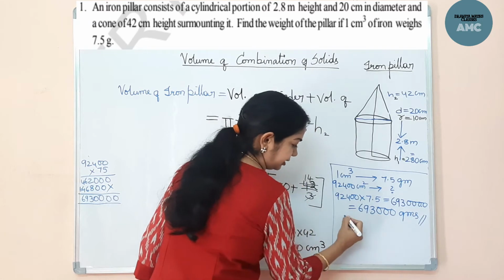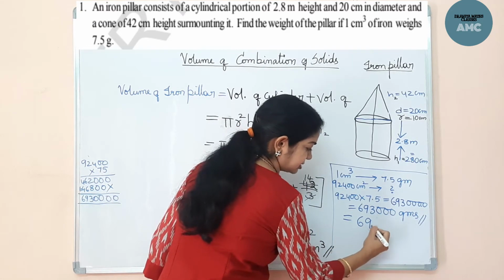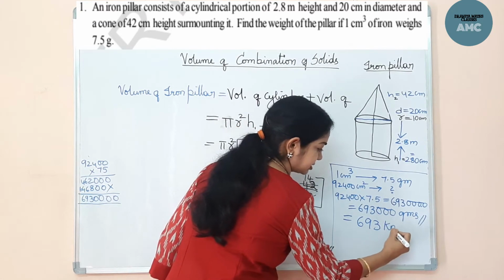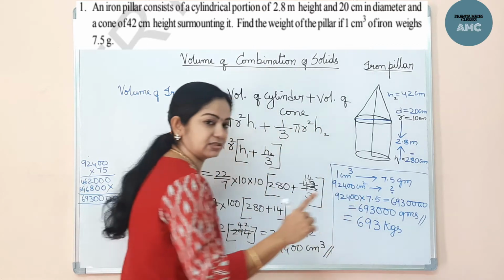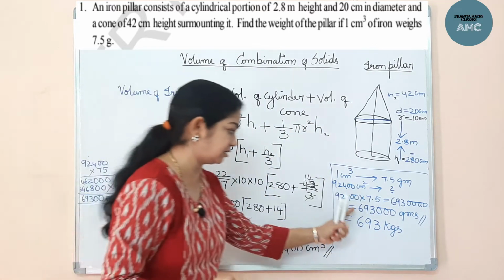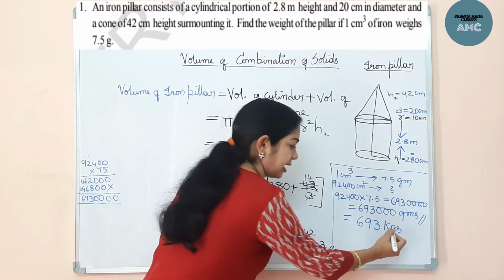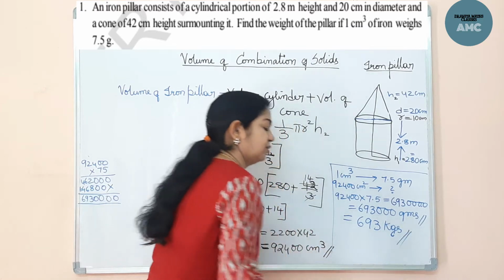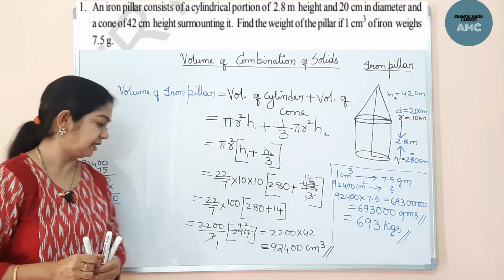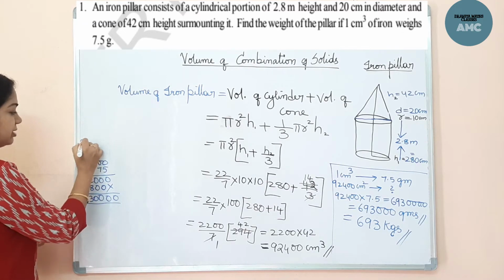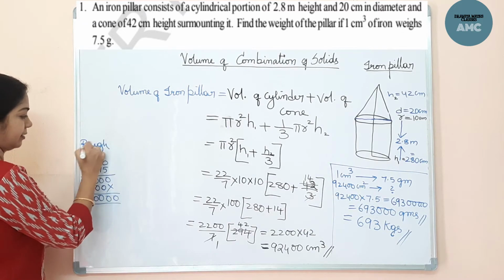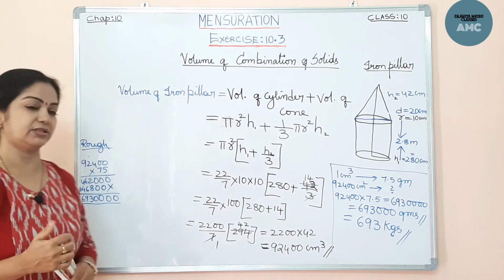So we can clearly change it into 693 kgs, because 1 kg is equal to 1000 grams. I have changed it into kgs because it is an iron pillar. So this much is the weight of the iron pillar. See here, children, this is the rough part I have done. Please pause the video and note it down.